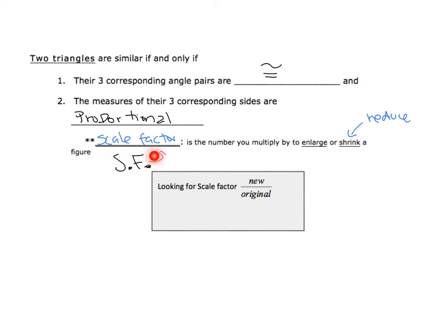The definition for scale factor is the number you multiply by to enlarge or shrink a figure. SF is the shorthand version of scale factor, just so you're aware. And when you're looking for scale factor, you're always going to compare the new to the original, aka the old one. All right.